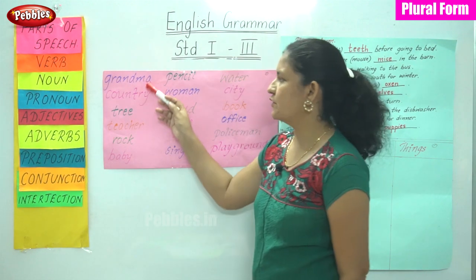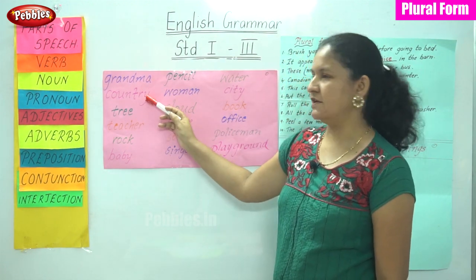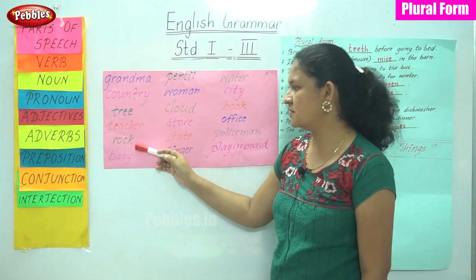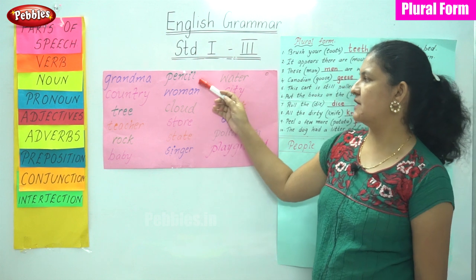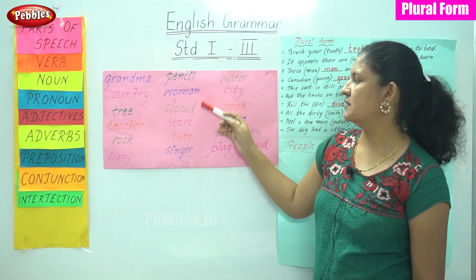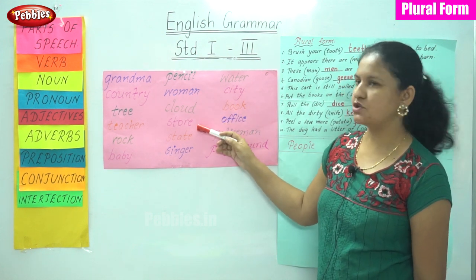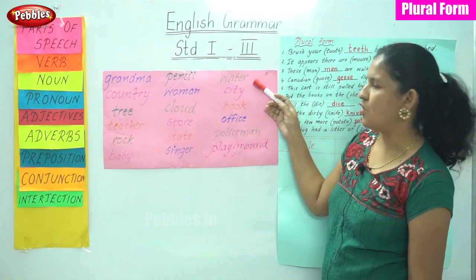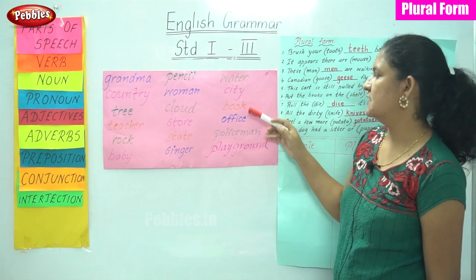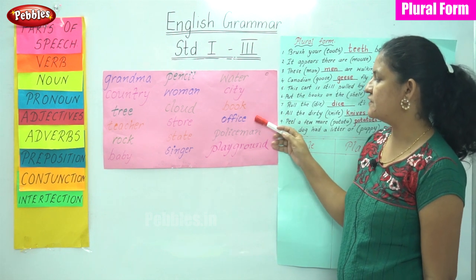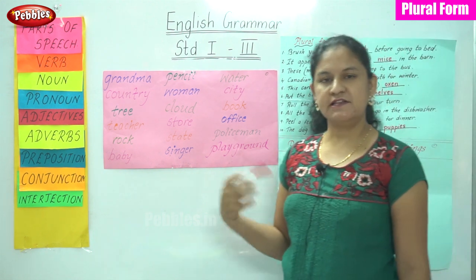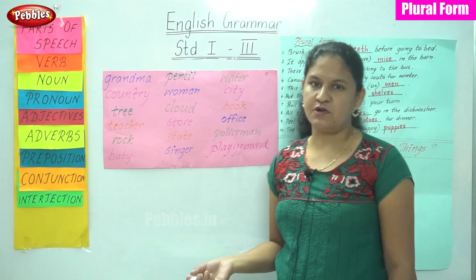We have grandma, country, tree, teacher, rock, baby, pencil, woman, cloud, stove, state, singer, water, city, book, office, policeman and playground. Let us read the nouns once more.